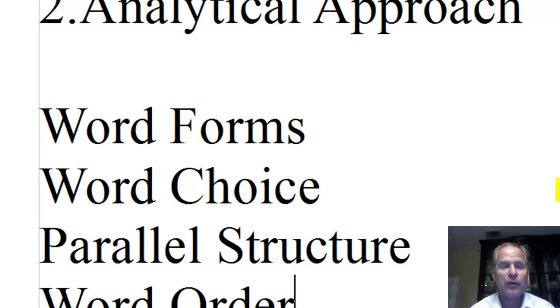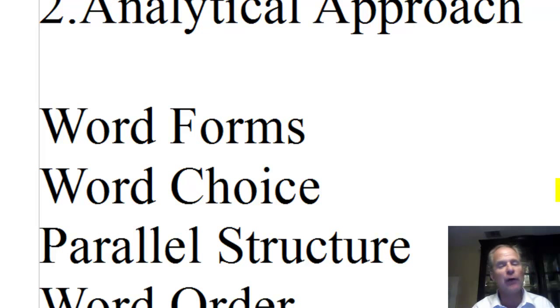ETS is aware of all the different languages of the world. They know what the grammars are. They know the types of errors that the non-native speakers will make from these different languages. And then they create these questions. Now, for you and for many non-native speakers, there are certain errors that occur more often than others.